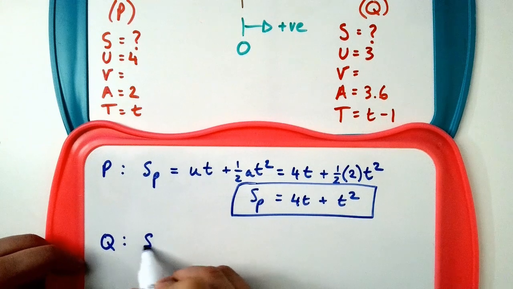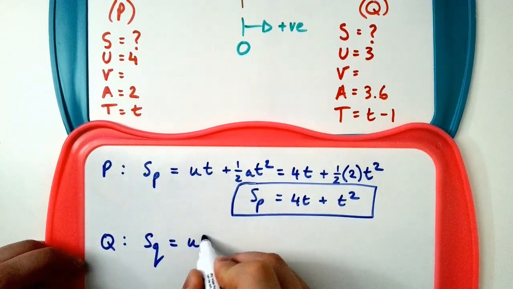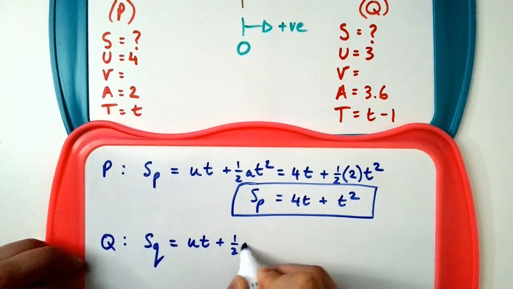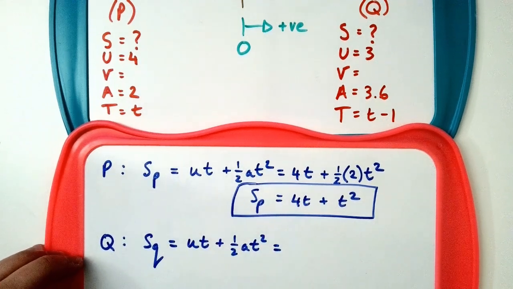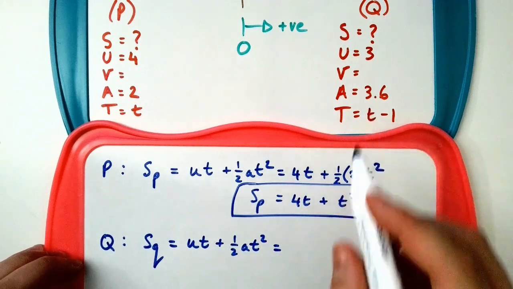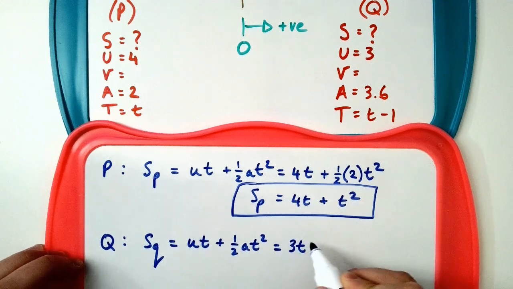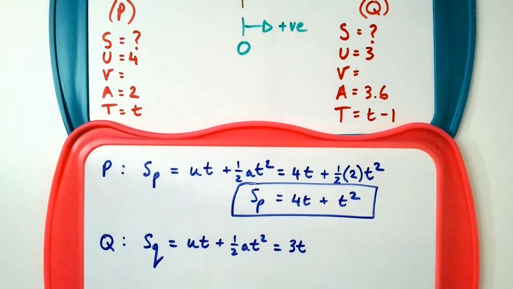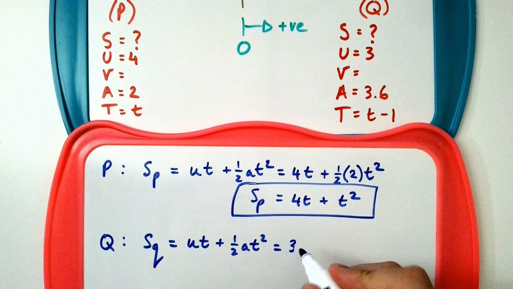S_Q equals, it's going to be the same, ut plus half at squared. Substitute our values. Well, ut, which is 3t. Actually, no. T, remember, is actually t minus 1.